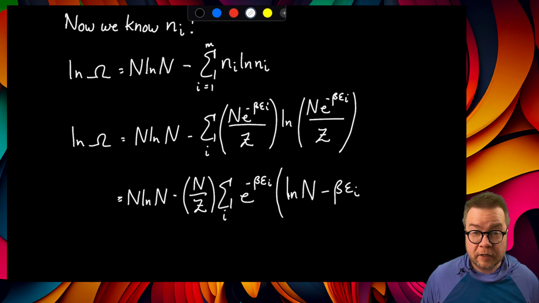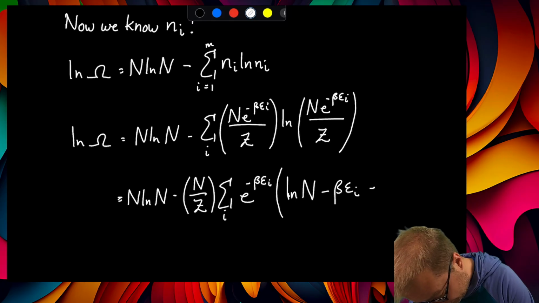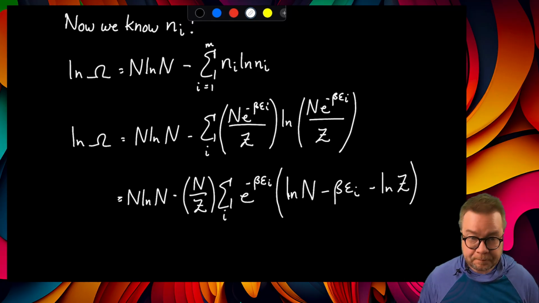And then we've got the partition function in the denominator, so that gives us minus the logarithm of the partition function.